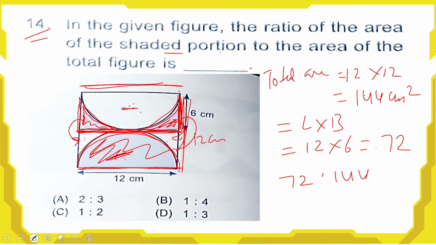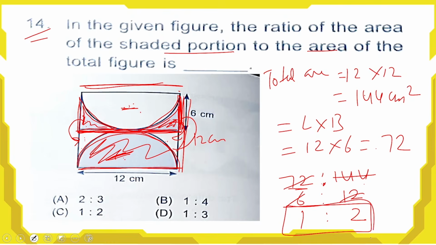Ratio will be shaded portion and total area. Shaded portion is 72 and 144 is the total area. So 12 6s are 72. Here it is 12. 6 1s are 6, 6 2s are 12. So the least value of the ratio of the shaded to total part is 1:2. Option C is the right answer here.